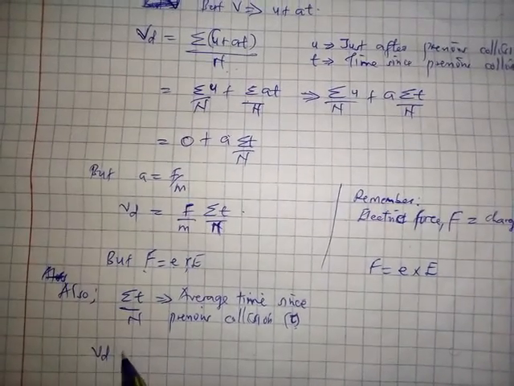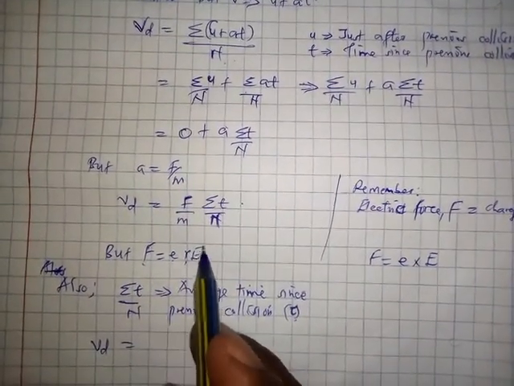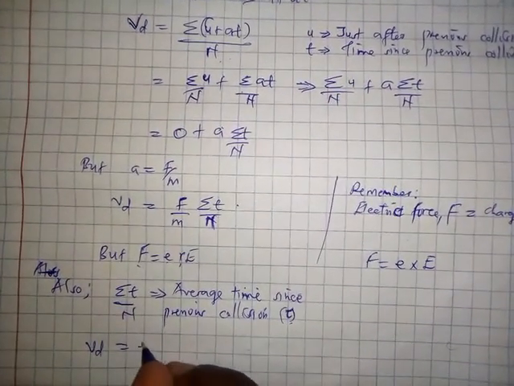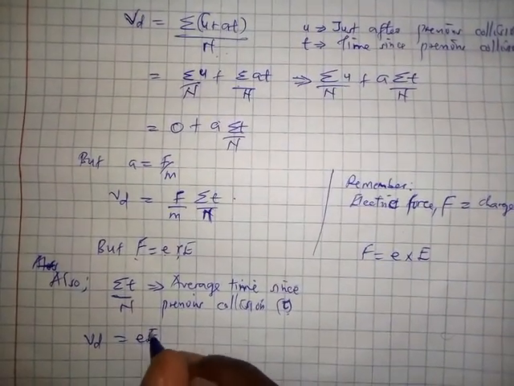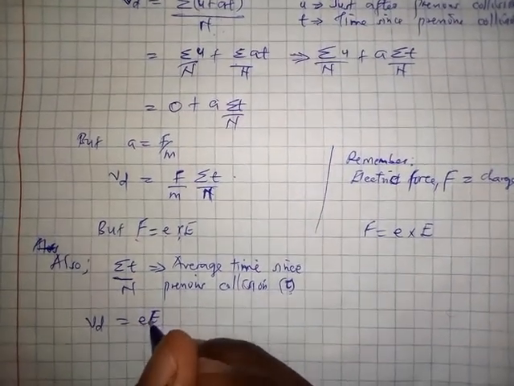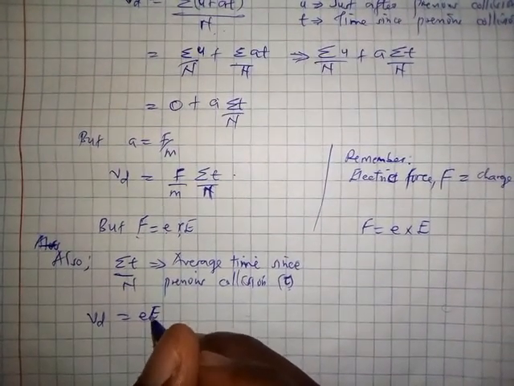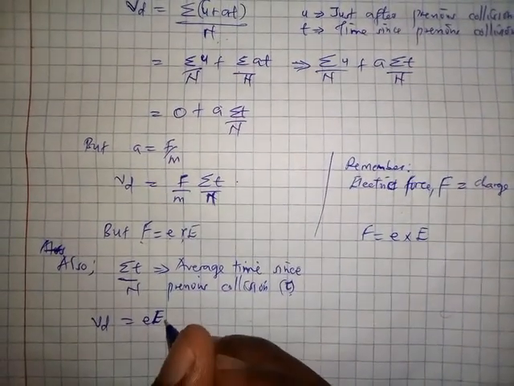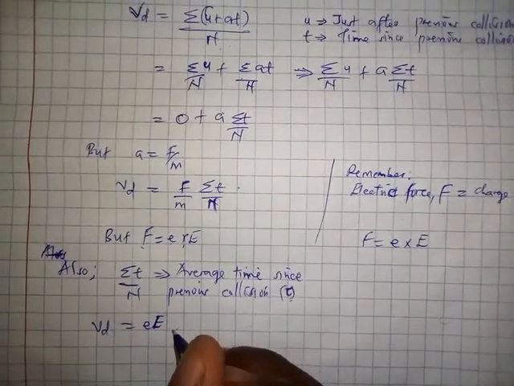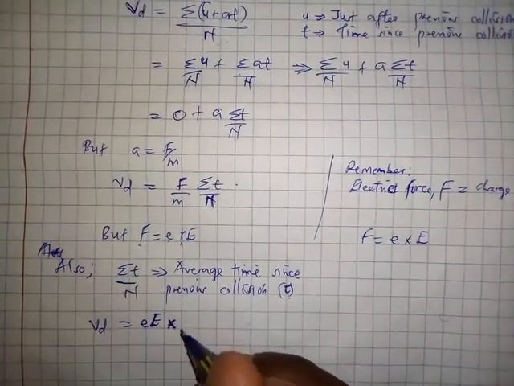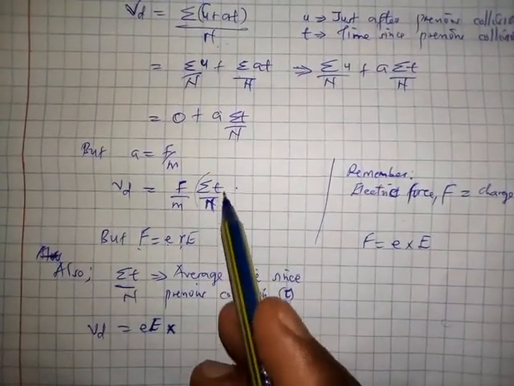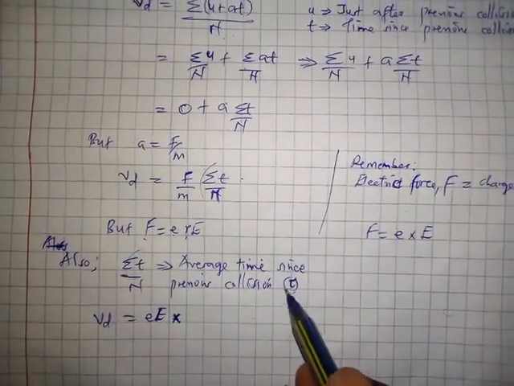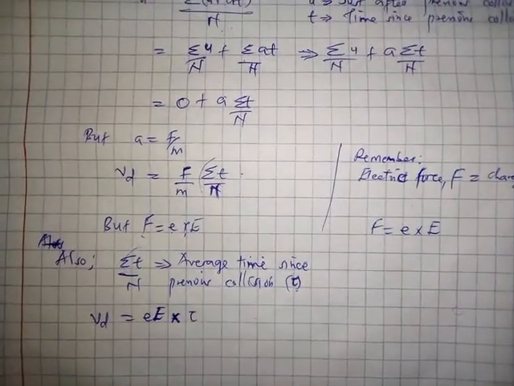So Vd is equals to F replaced or substituted where there is F, we substitute this. So we have e for the charge of an electron times electric field E, times tau, the whole of this is represented as tau.